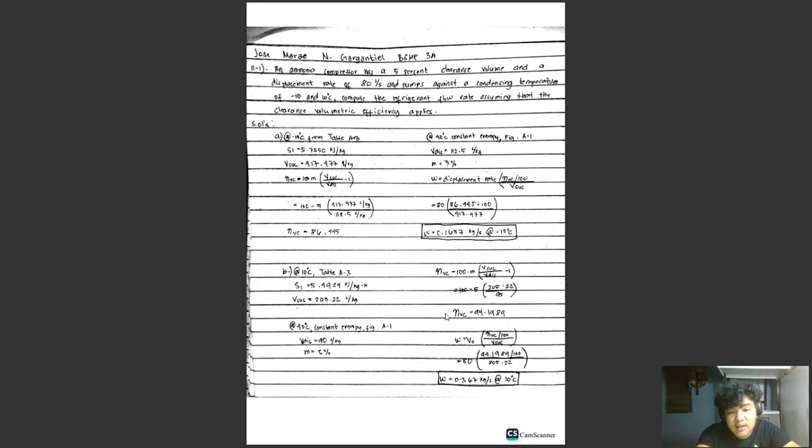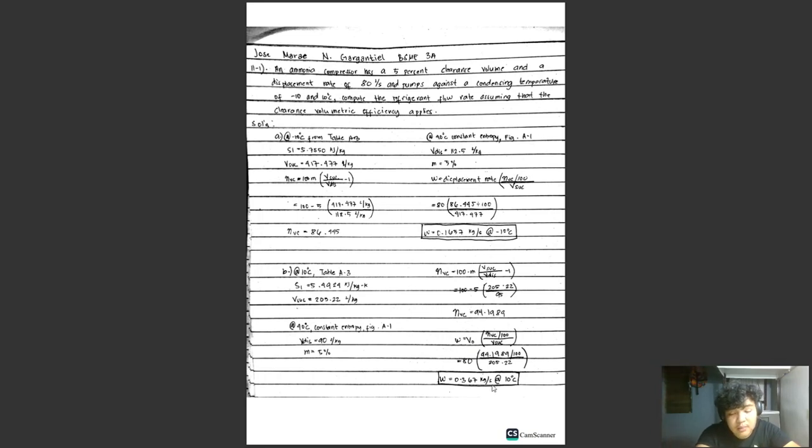We need to get the value of the clearance volumetric efficiency. For 10 degrees, the value is 94.1989. After we get the clearance volumetric efficiency, we need to get the flow rate.